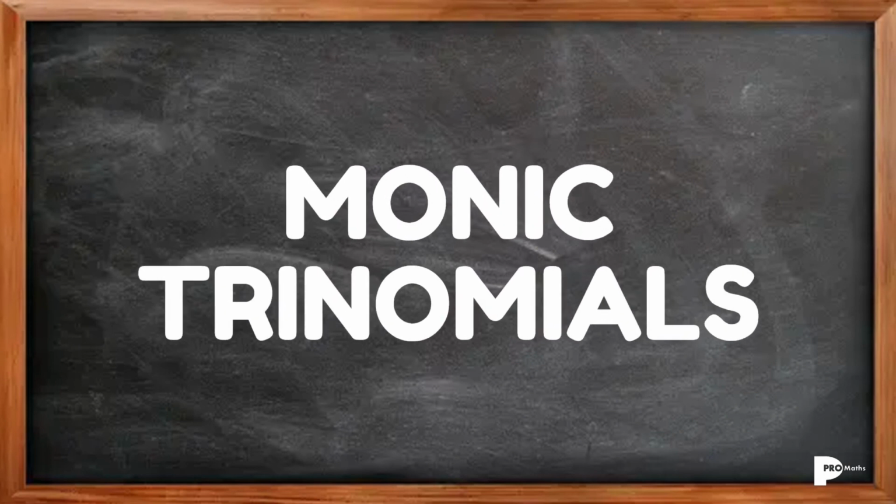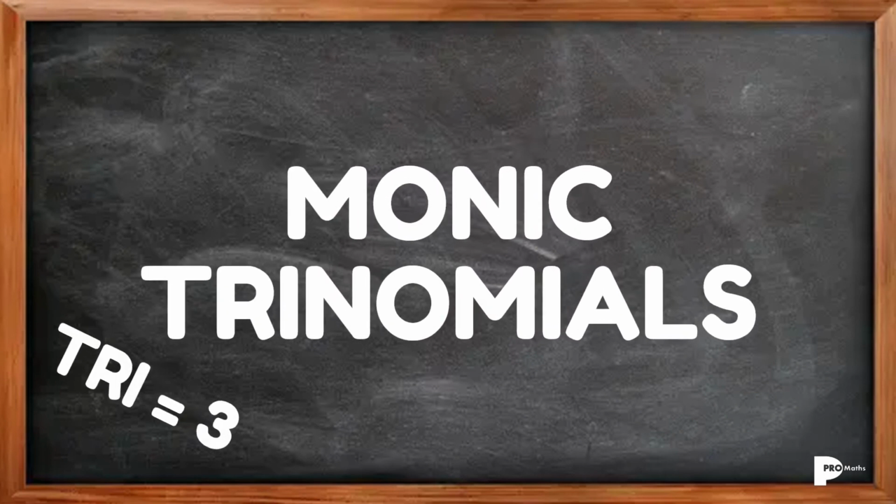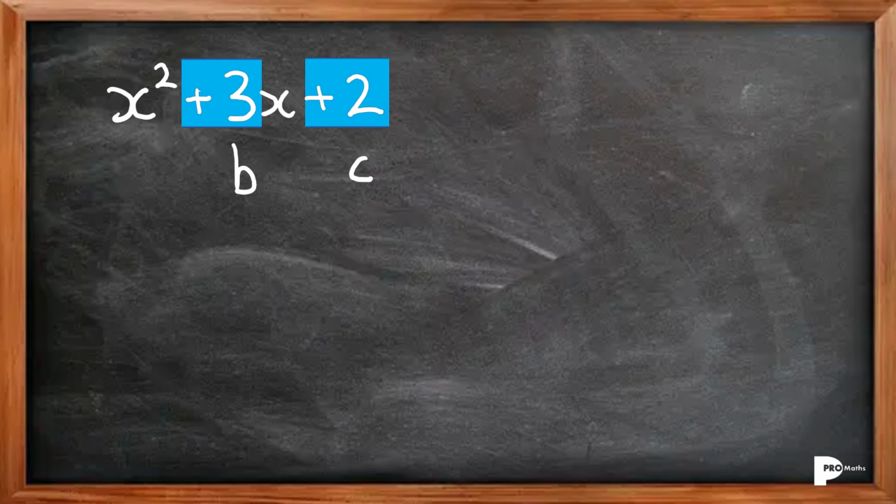Now we have monic trinomials. Trinomial means 3 terms, and monic means that the a value is 1. Let's take the expression we had earlier, x squared plus 3x plus 2. First, you want to identify your b and c values. Here, b equals 3 and c equals 2.